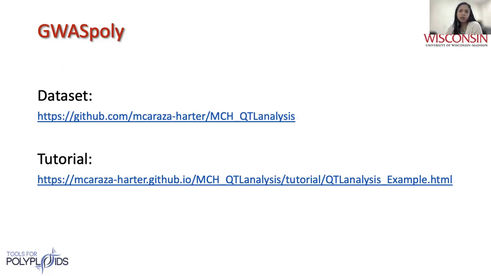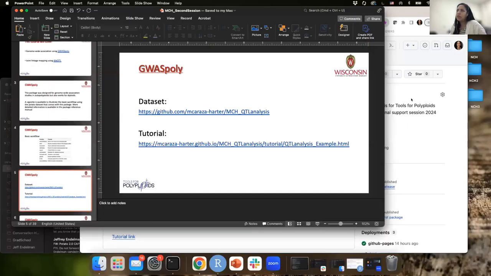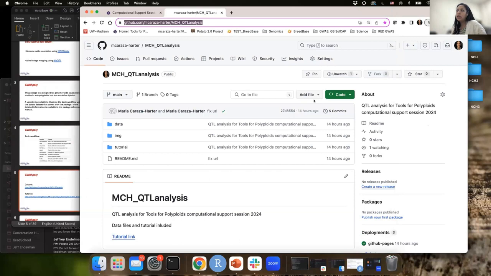So for this package, I have made a website on GitHub, where you can download the data sets for running these, and there is a tutorial. So the link that Gabriel just shared with you will lead you to my GitHub page, and that is what I'm showing you now.